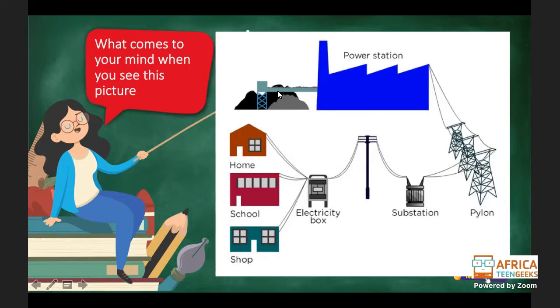This is a power station. As you can see, we're looking at the top side of this picture. This blue building here is a power station. That's where electricity starts.